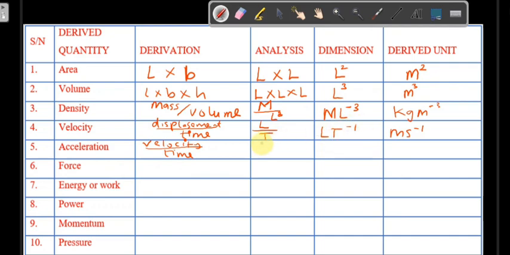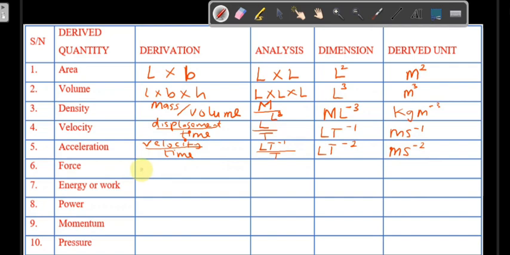So I'm going to have LT minus 1 divided by time, which is capital letter T. When this goes up and adds to this, it becomes minus 2. So that's LT minus 2. From here, we can get the unit. The unit of L is meters, the unit of T is seconds, and we have minus 2. So this is read as meters per second squared.